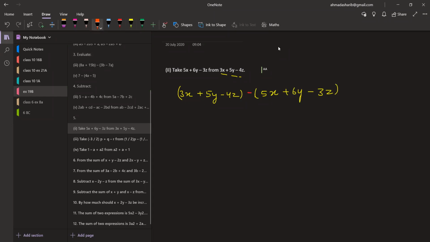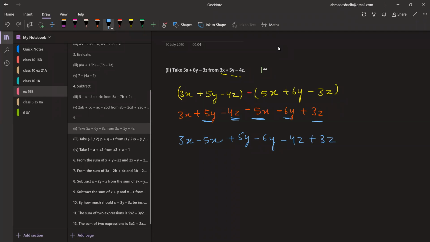Now remove the bracket. 3x plus 5y minus 4z minus 5x minus 6y plus 3z. Now write all the like terms with each other. So 3x and minus 5x. Then 5y and this minus 6y, minus 4z plus 3z.